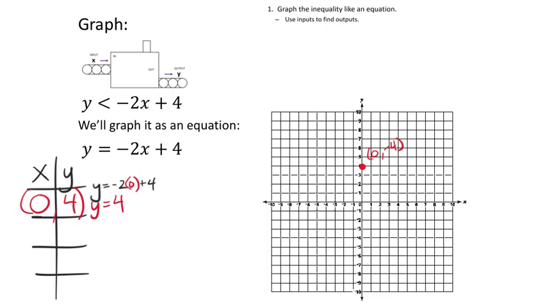Now that I have that, I will choose an x value. Since I don't have a fraction like we did in the bell work, it's just negative 2. I can choose any value of x, and that will work. So I'm going to go with nice values like 1. Okay, so again, rewriting the equation, y equals negative 2x plus 4.